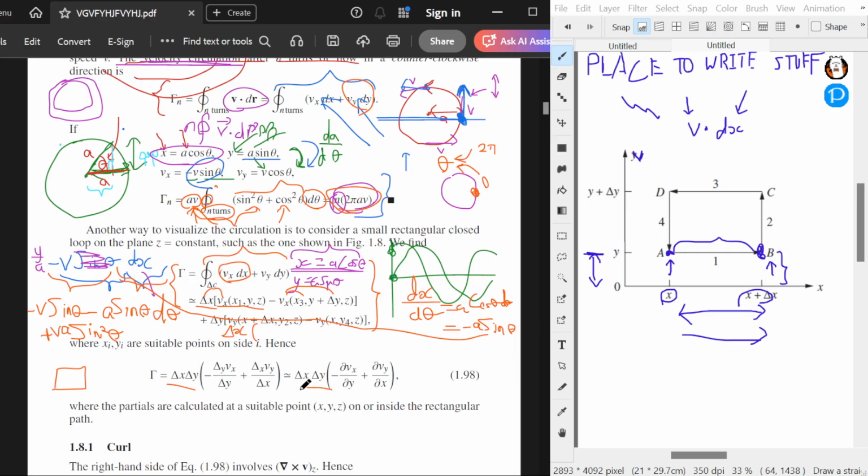They just changed all the deltas into dels. Where the partials are calculated at a suitable point x, y, z, on or inside the rectangular part.